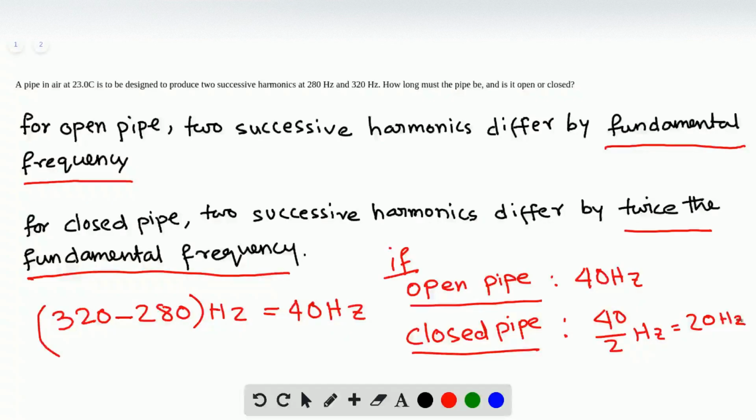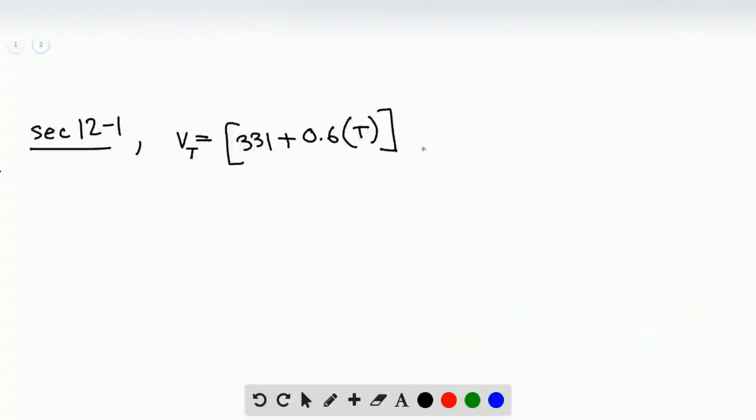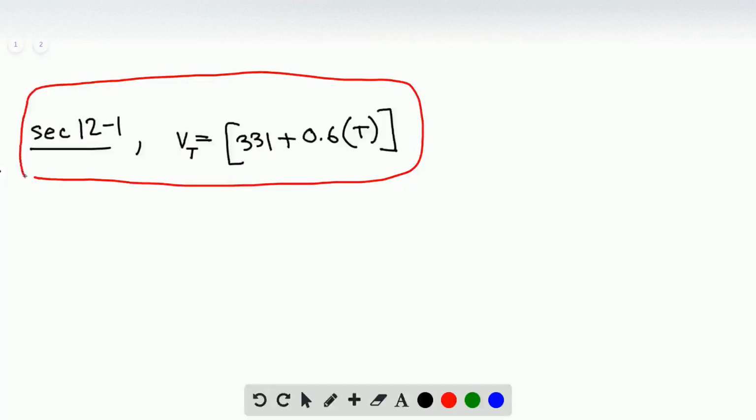Now, how do we know if it's an open pipe or a closed pipe? What you need to do for that is the following. We'll talk about this equation later. Let's first discuss what we need to know.